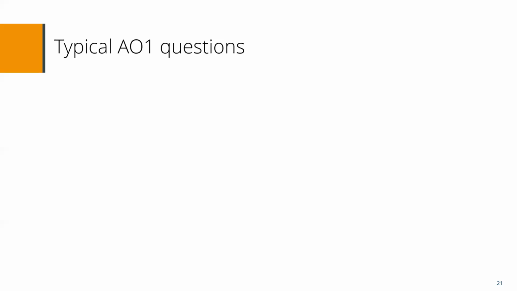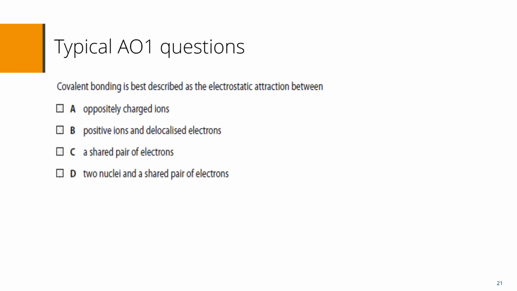So let's have a look at some typical AO1 questions. There is one, a multiple choice question. The specification states that students need to know what is meant by covalent bonding, and because it is a "know" statement in the specification, that of course is straightforward recall. So they need to know that it is the electrostatic attraction between two nuclei and a shared pair of electrons.